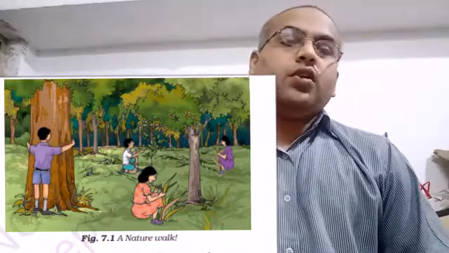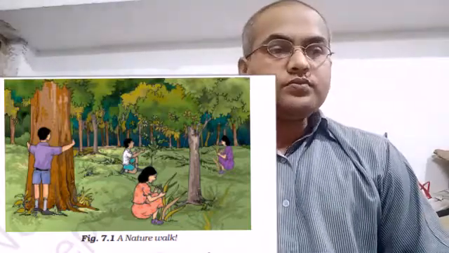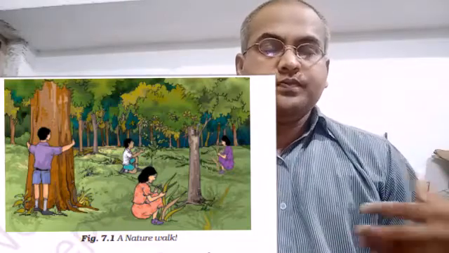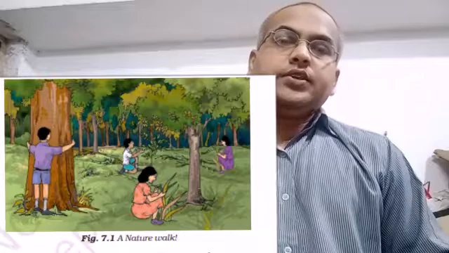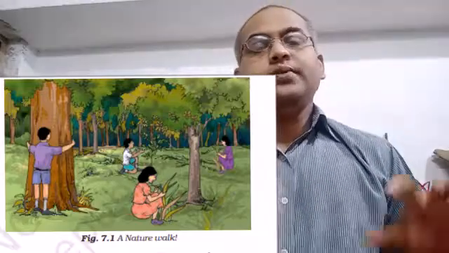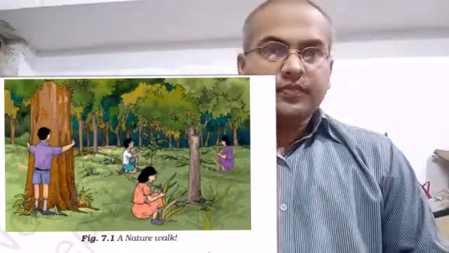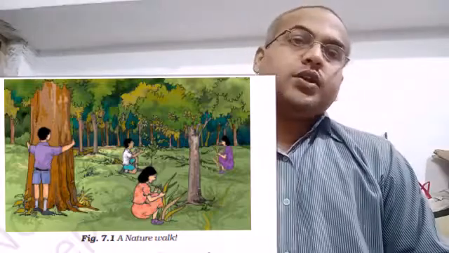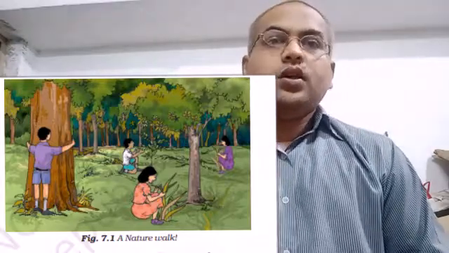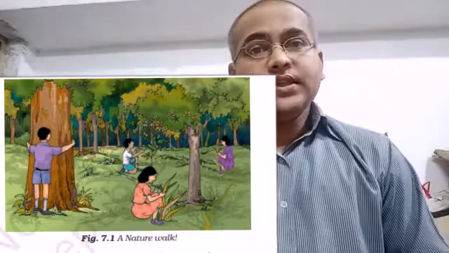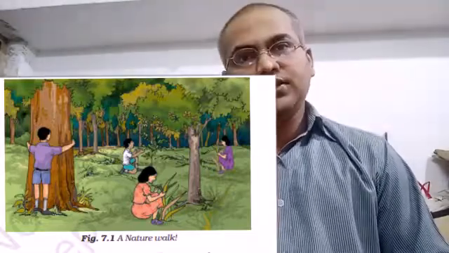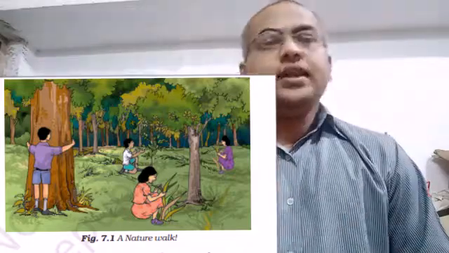So first of all, it is our way of learning that if you want to understand something, you have to go and observe it in nature. So you have to go in your garden, or in the kitchen garden, or in nature, and see the different types of plants and see their leaves.